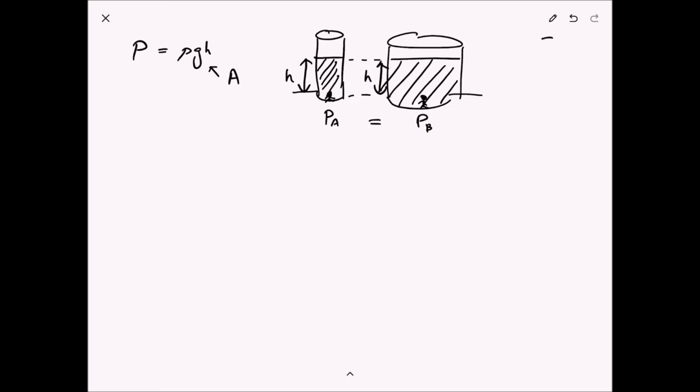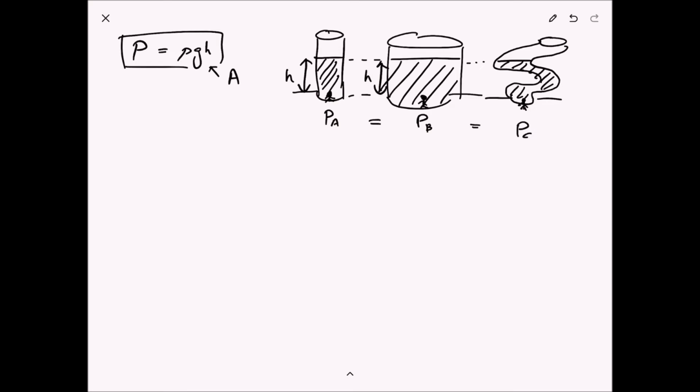This is also true even for a super weird kind of cylinder. As long as you fill it up to the same height, the pressure underneath will be the same, because the pressure of a fluid column is defined by rho g h.